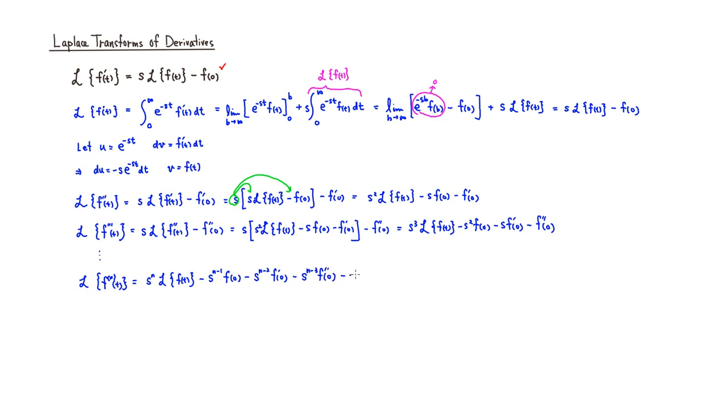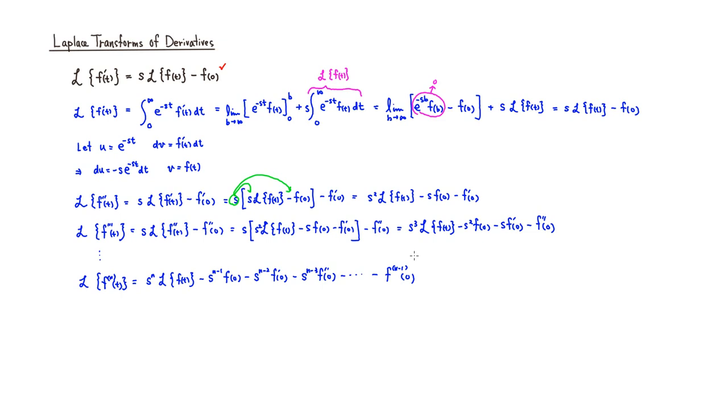You just keep on doing that up until the n minus first derivative at 0. That's the Laplace transform of the nth derivative of f of t.